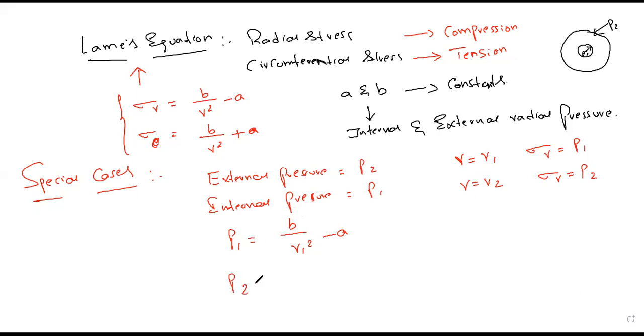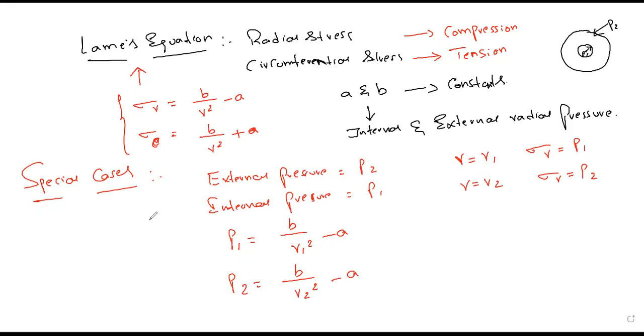And what will be your P2? B by R2 square minus A. So these two are pressures: one is internal pressure, the other one is external pressure, with respect to internal radius and external radius.